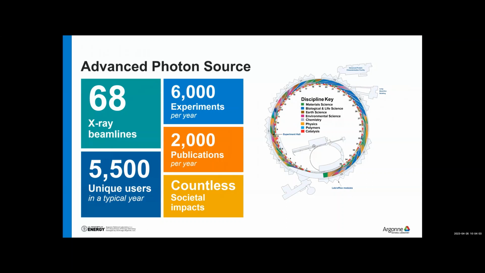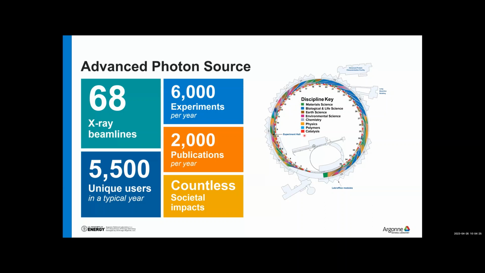A lot of studies on polymers, catalysis, and topics like that. If you color code the experimental stations around the ring with these different disciplines, you can see that a lot of these beamlines are capable of generating data in multiple of these different fields.